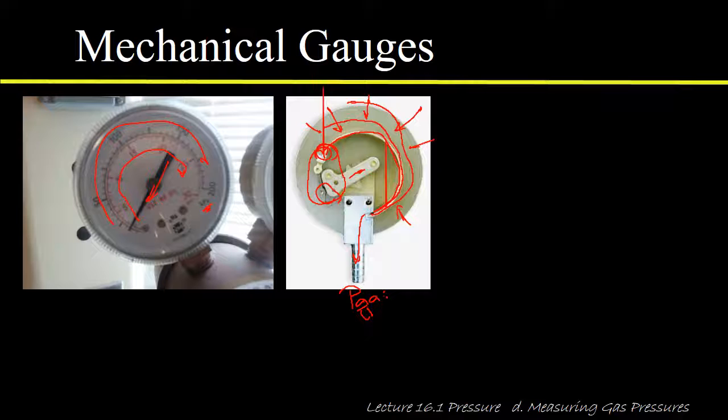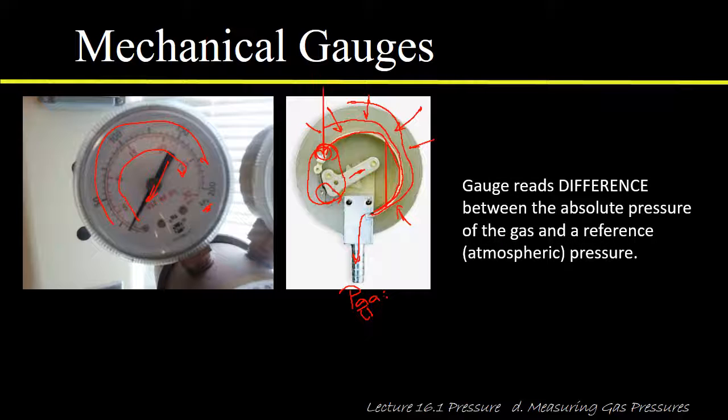So ultimately, what this means is that the gauge is actually reading the difference between the absolute pressure of the gas and some reference pressure. And usually, for almost all gauges, that reference pressure is atmospheric pressure. Okay.